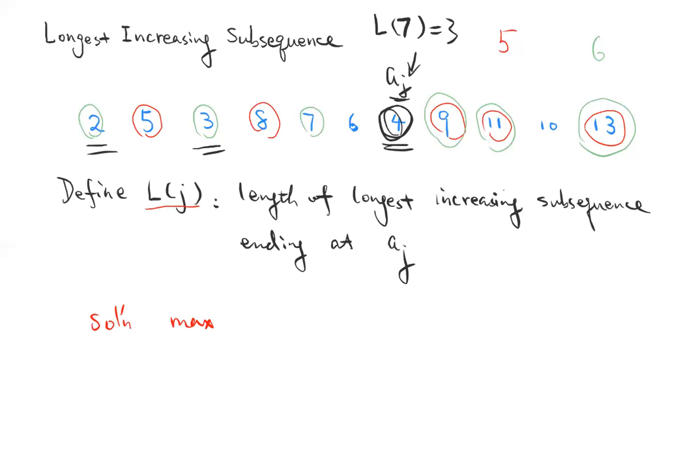Later on we'll see we can actually get rid of this, but for the time being, the solution is the maximum of Lj. So it's related, and this value is useful. Now we try to find the recurrence relation for this value.